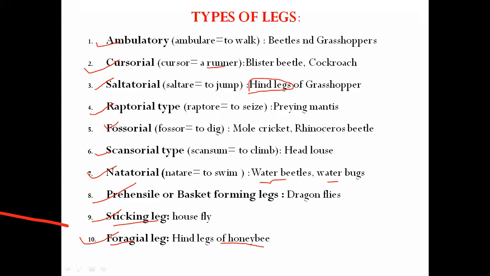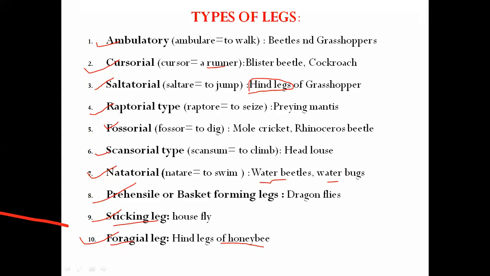So they are the hind legs, which are modified to gather and to carry the pollen. Through this hind leg the pollen is collected, and there is the presence of hairs on the tarsal region.